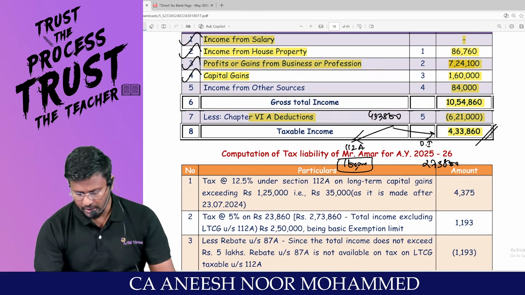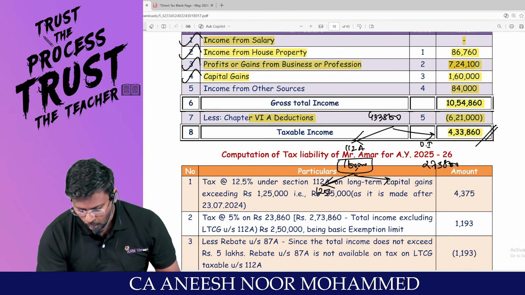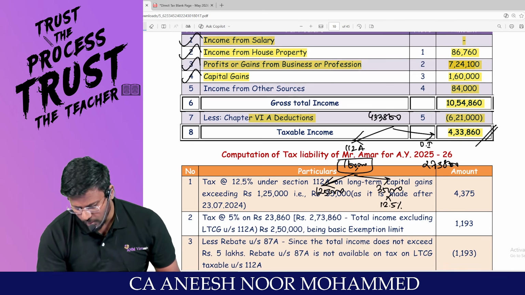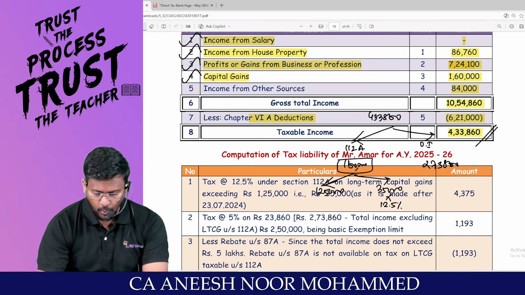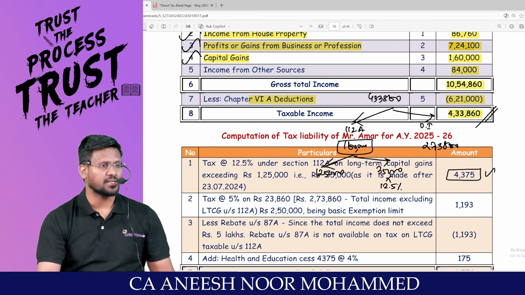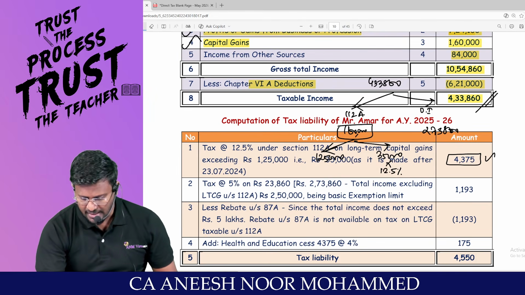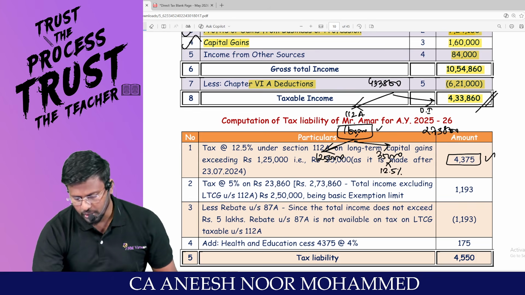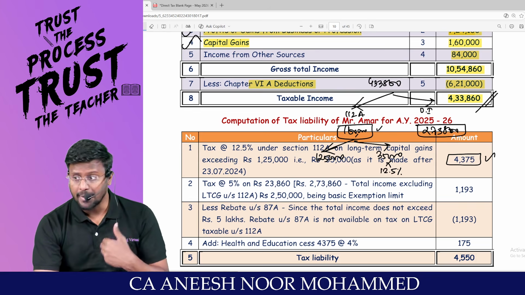2,73,860. The 1,60,000 should be bifurcated again into two categories, 1,25,000 and 35,000. This 35,000 will be taxed at the rate of 12.5%. So 35,000 into 12.5% comes to 4,375, that's how this came. Now, my dear lovable students, that's it. 1,60,000 has been taxed. For this 2,73,860, I can enjoy the basic exemption limit.